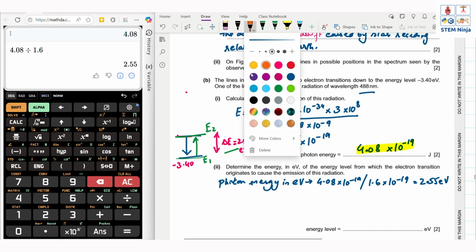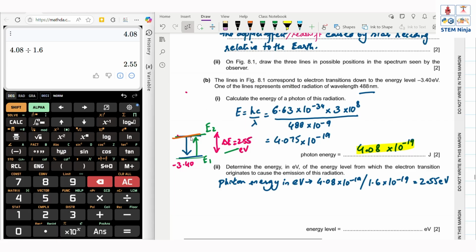Similarly, when you have this E2, you will subtract 2.55 to get this level. Either way, we will get the same answer, so we can actually try this. So E2 minus 2.55 is equal to minus 3.40, or minus 3.40 plus 2.55 will get you your E2.